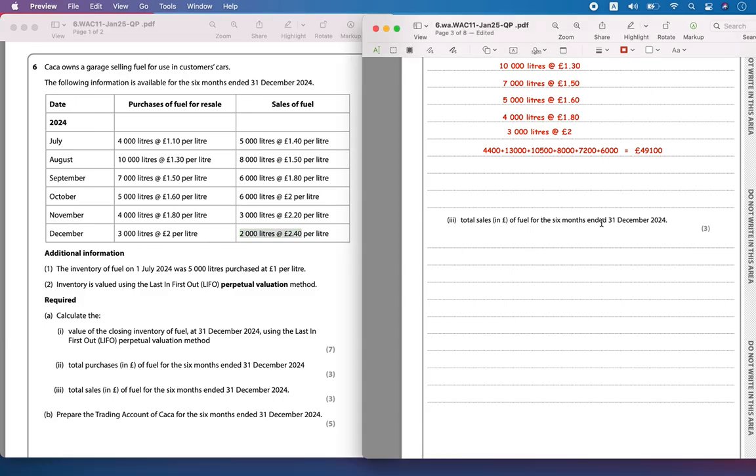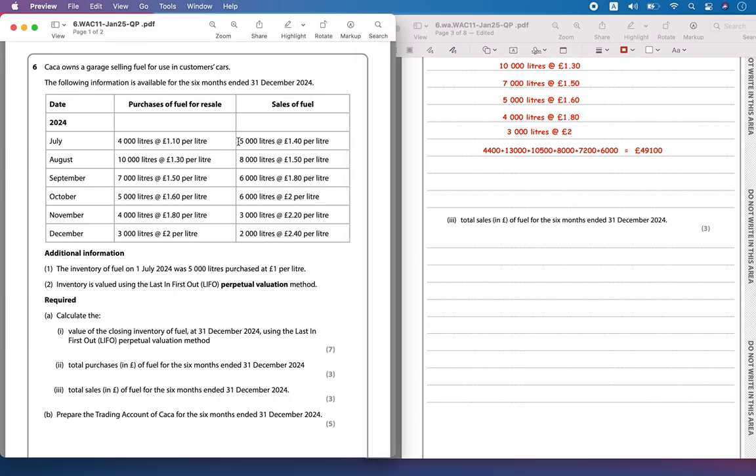Total sales of the fuel for 6 months ended 31st December 2024.